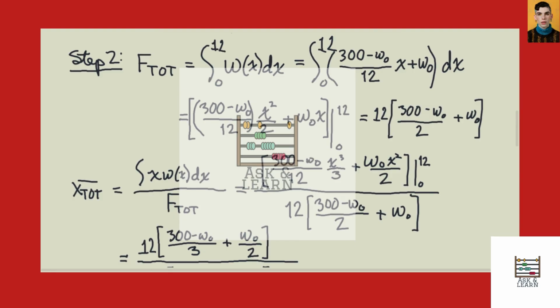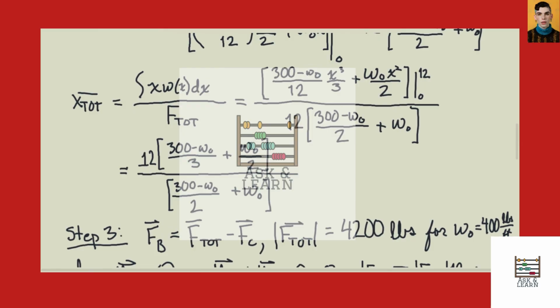Rather, x dx goes to x squared over 2, and W sub naught dx goes to W sub naught x. We evaluate from 0 to 12, and we are left with this equation for our total load in terms of W sub naught.